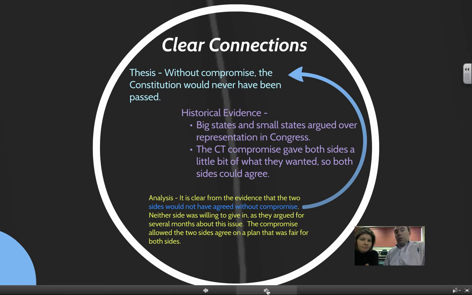So that's something you need to do with your evidence: actually think about it and conclude logically. The next thing you need to do is make sure the analysis you give connects to the larger purpose of the paper. Every paper has a thesis statement. In this fake example, the thesis statement is, without compromise, the Constitution would have never been passed. We learned about issues in the Constitution, and here's historical evidence that big states and small states argued over representation in Congress, and they eventually had a compromise, which gave both sides a little bit of what they wanted so both sides could agree.